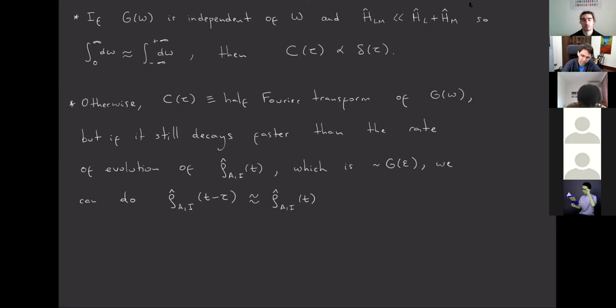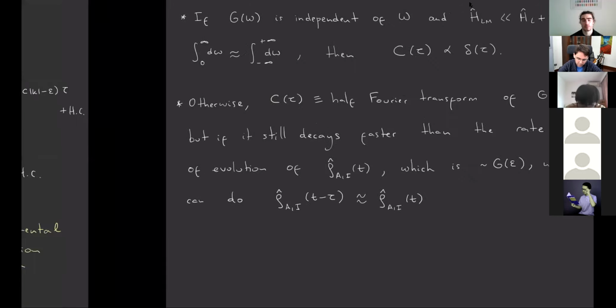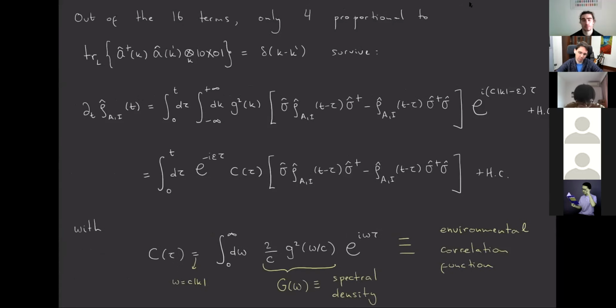okay? So just let me go back to this for a second. Again, my argument is the following. This C of tau, even when G depends on the frequency, so even when we have a spectral density that is not independent of omega, if the dependency is not too strong, then it will decay in time, okay?